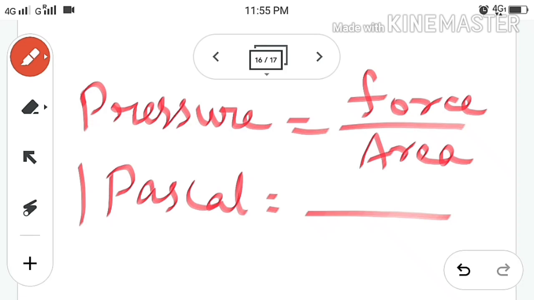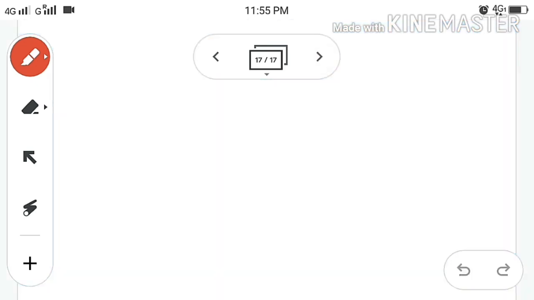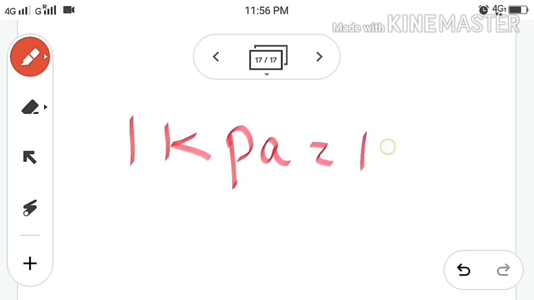To obtain 1 Pascal, I can write force as 1 Newton and the area as 1 meter square. So what do we see here? That 1 Pascal is defined as 1 Newton per meter square. And also 1 kilopascal is equal to 1000 Pascal.